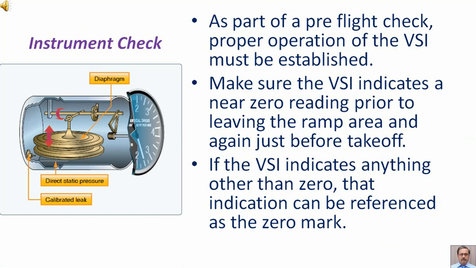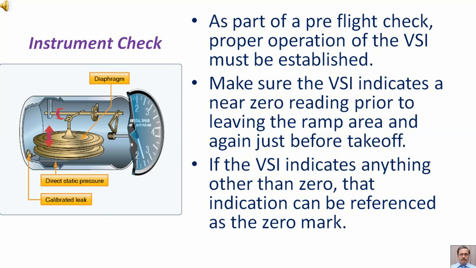As part of a pre-flight check, proper operation of the VSI must be established. Make sure the VSI indicates a near zero reading prior to leaving the ramp area and again just before the takeoff.